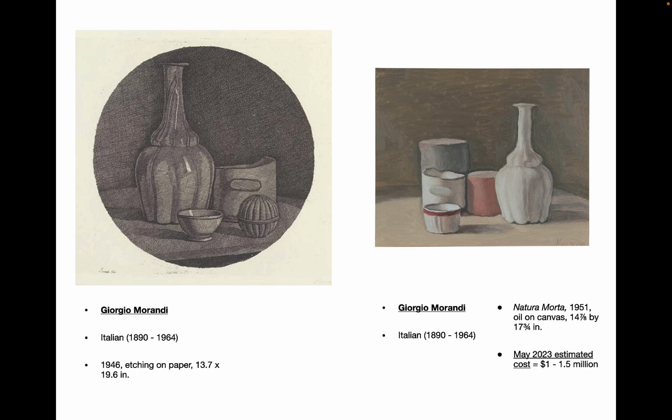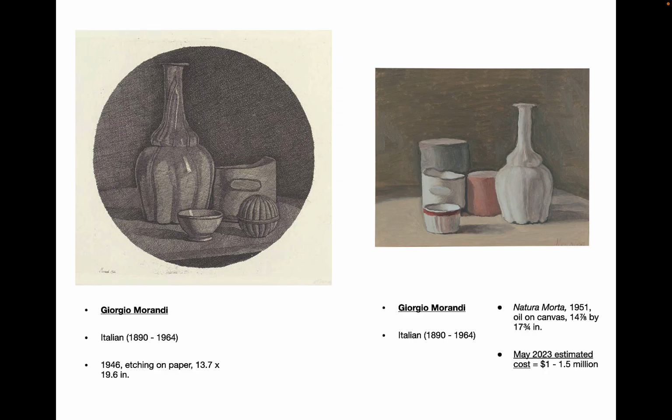On the left, we have another drawing, or it's an etching, where it's never exactly the same. An etching is a type of printmaking where you draw on a piece of metal, usually copper. So we see that vase shape. Morandi really got great at drawing these specific objects because he did it over and over and over again.